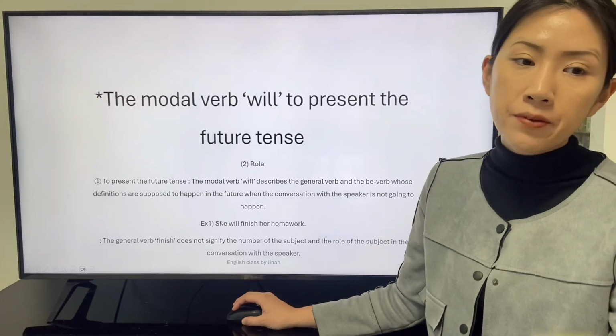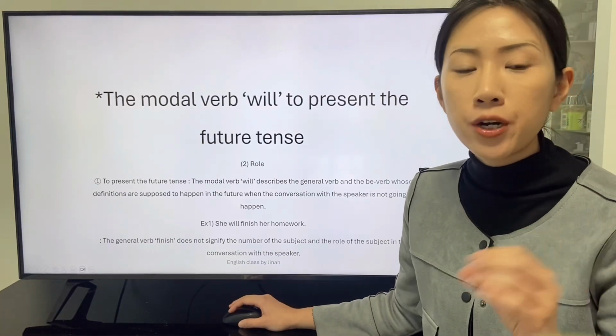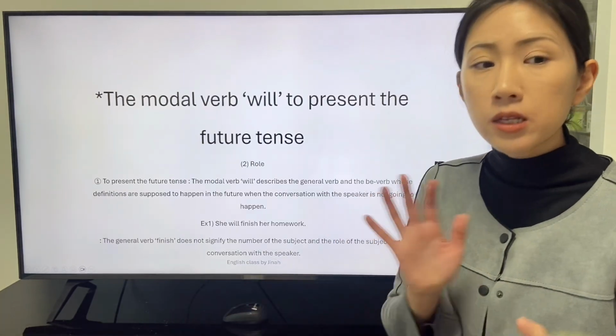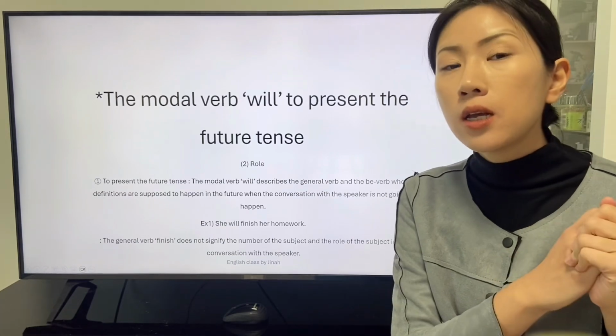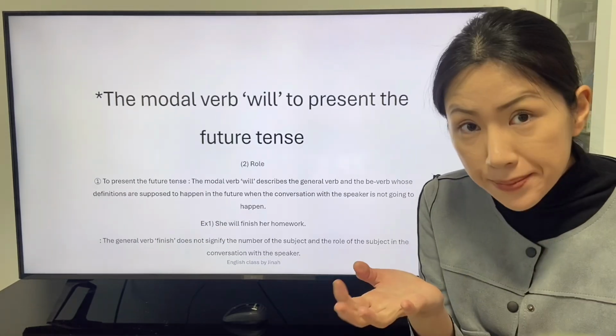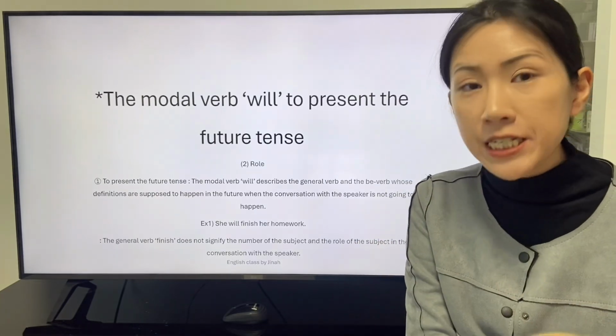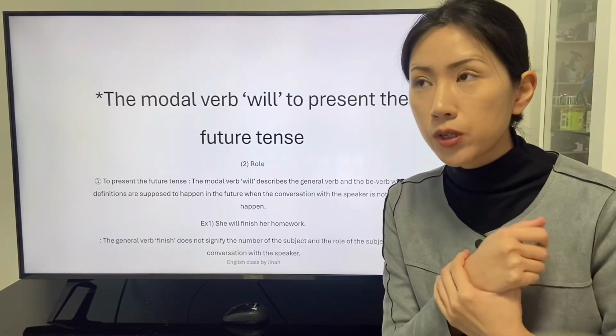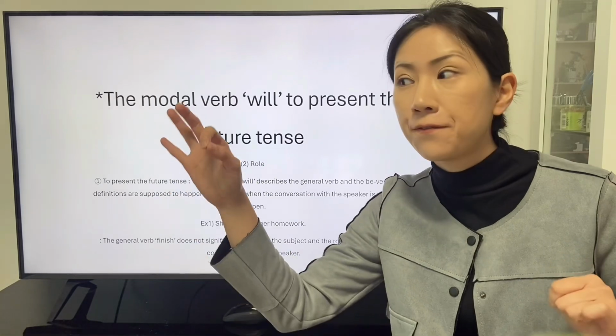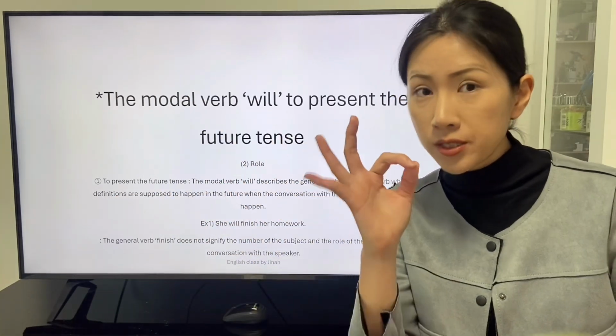There is an exemplary clause. She will finish her homework. The modal verb will describes and emphasizes the definition of the verb finish, to happen in the future with uncertainty.